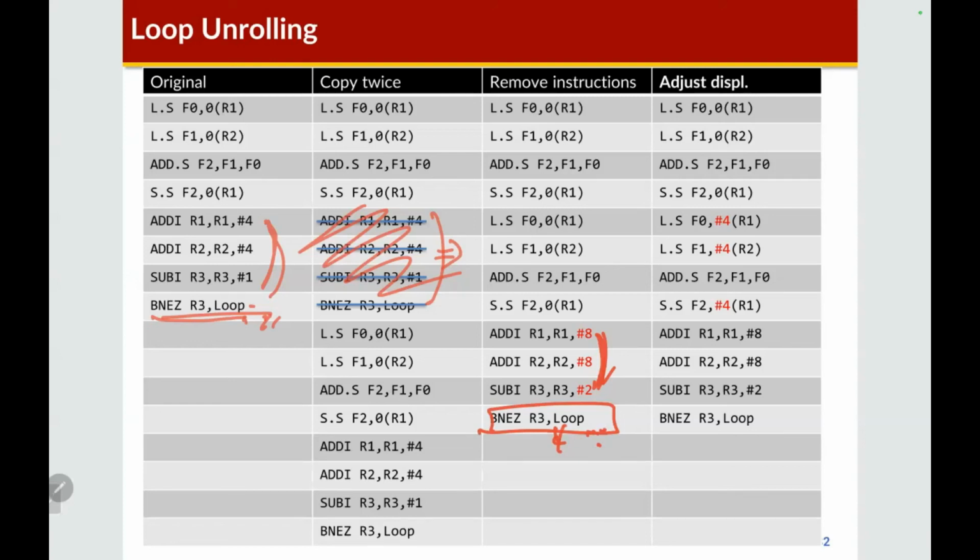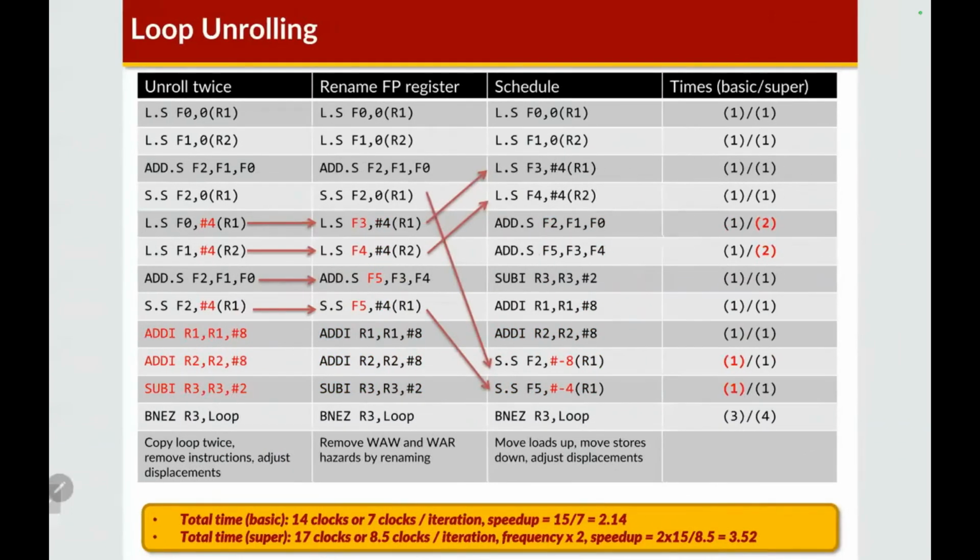Because the size of this basic block is increased by loop unrolling, we can find more independent instructions, so we can adjust the order of the instructions in this bigger basic block. This is loop unrolling.